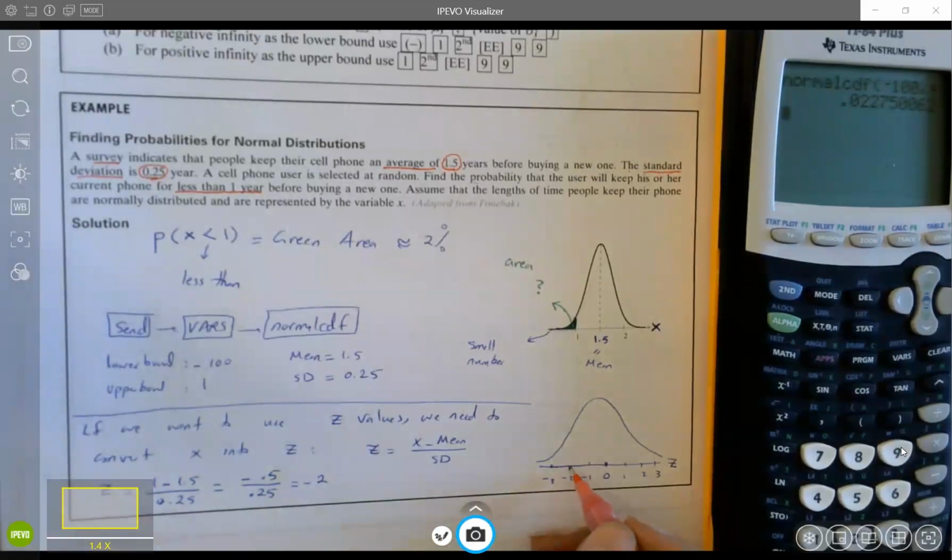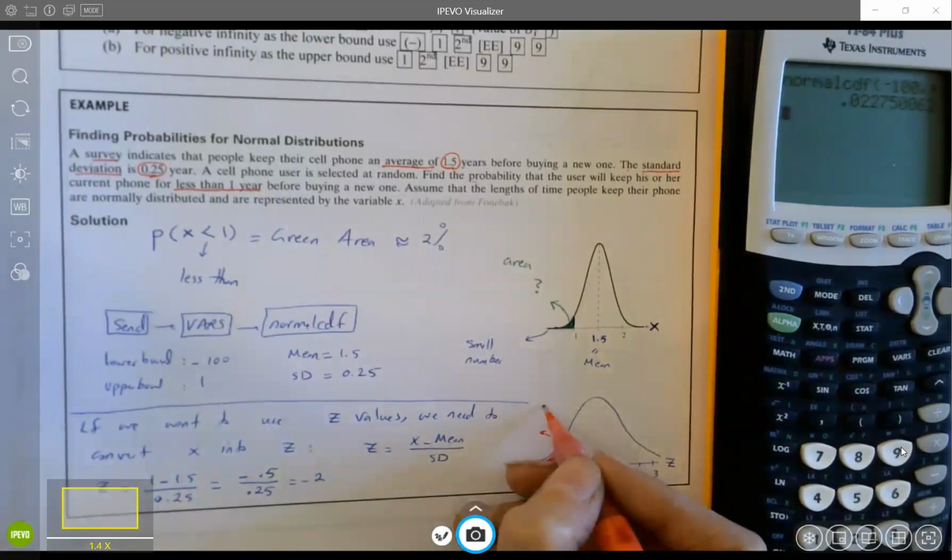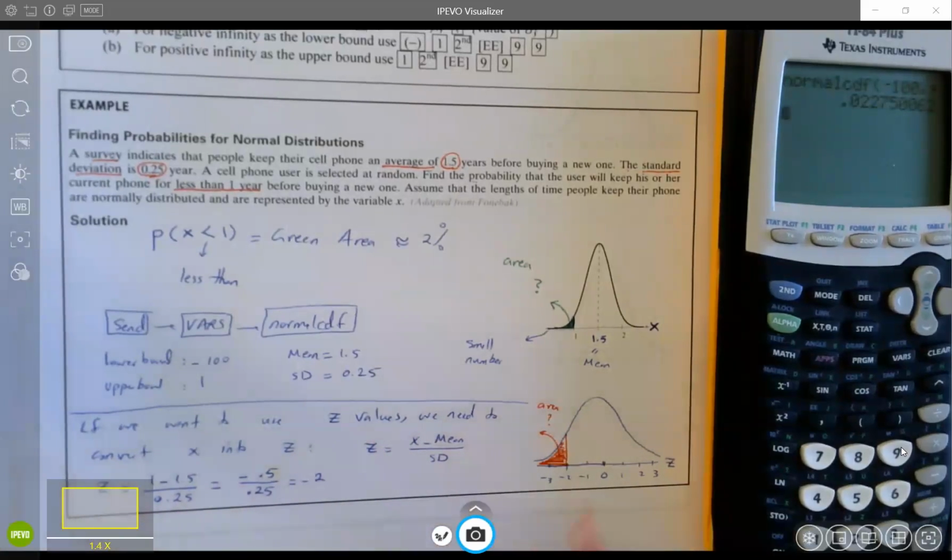Let us locate -2, and as you can see, it's less than -2. So we're looking for this area to the left-hand side of -2.